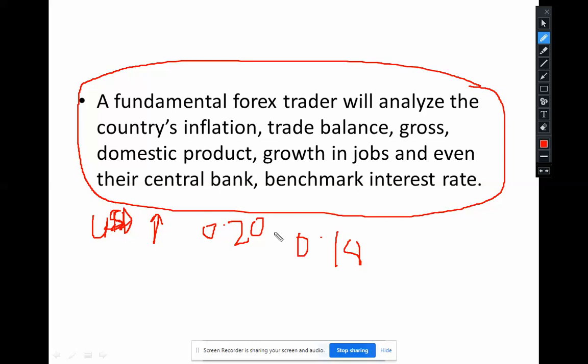But immediately the news happened, the actual is 0.20. So that means USD is positive.